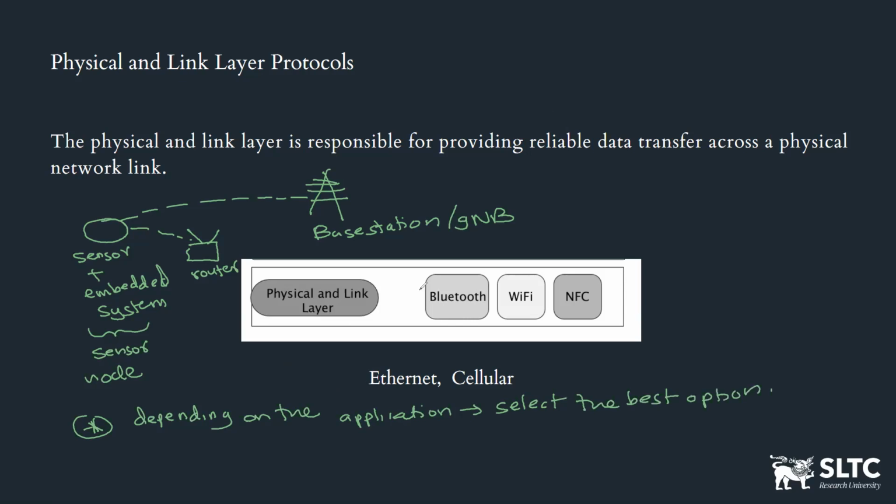So when we talk about the different communication technologies such as Bluetooth, Wi-Fi, and near field communication, there are mainly three main parameters that we can use to measure their performance.